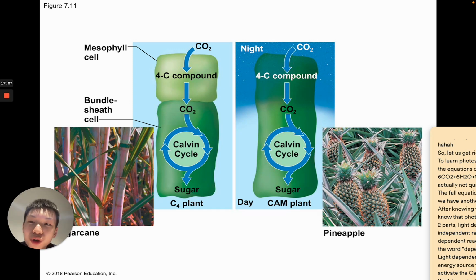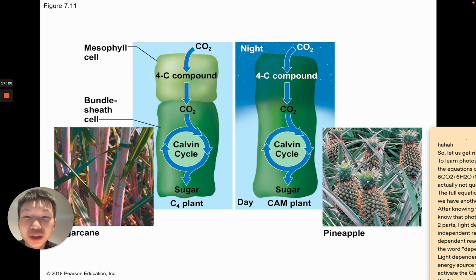But notice that when you open up your stomata, like when I open up my mouth during a very hot sunny day, I'm breathing air, yes, but I'm also losing water from my body. The water will soon be lost in the plant, and plants don't want that. They cannot drink water like humans do.